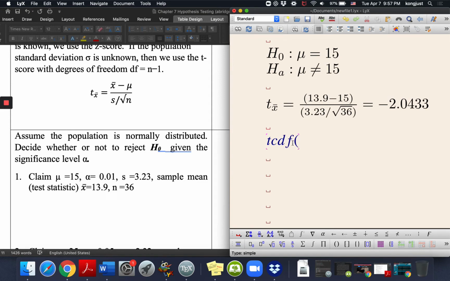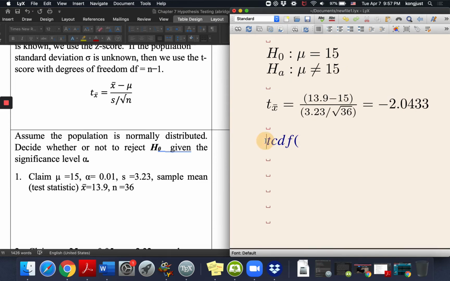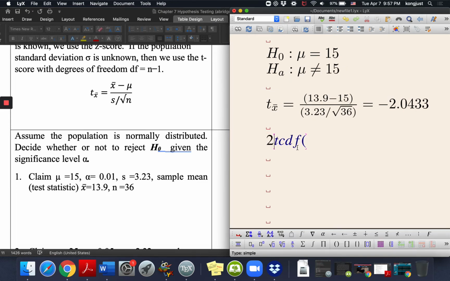I'm doing a two-tailed test this time, because HA is not equal, so I'm looking at both sides. So 2 times tcdf of negative 10,000, negative 2.0433, and this time instead of comma 0, comma 1, because I'm using a t distribution, the last space is for the degrees of freedom. This tells us roughly how much information we have.